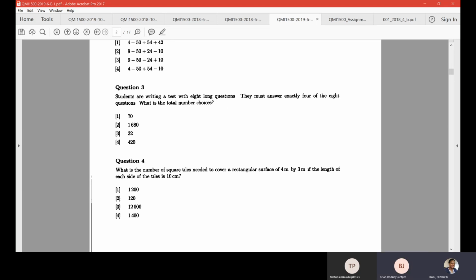So if you read this question, students are writing 8 long questions. They must answer exactly 4 questions out of 8. What is the total number of choices that they need to make? And because there is no preference, it's also a combination question.